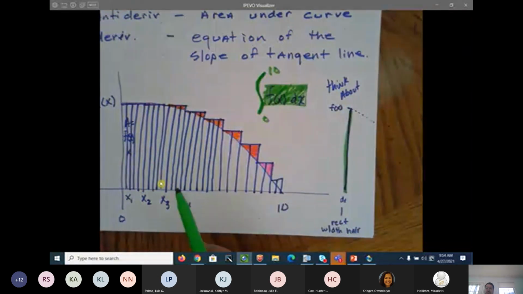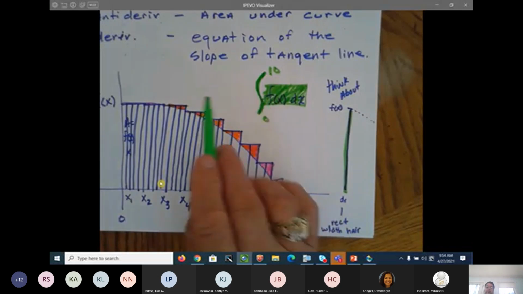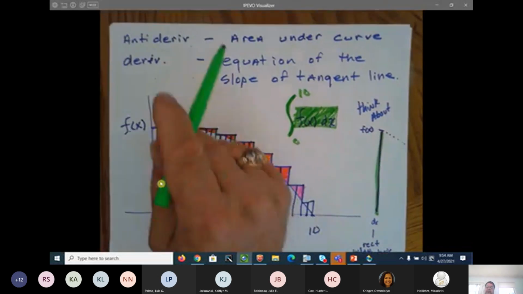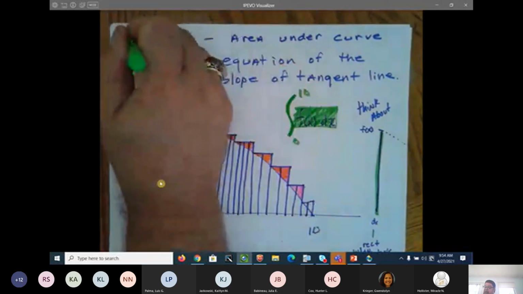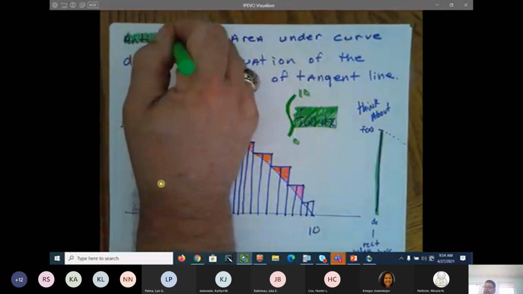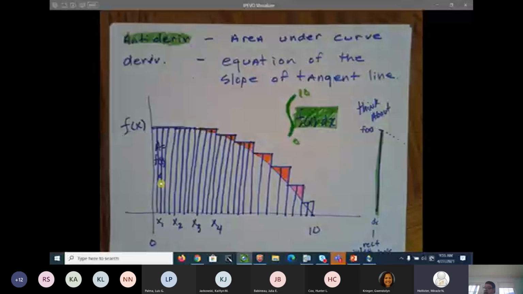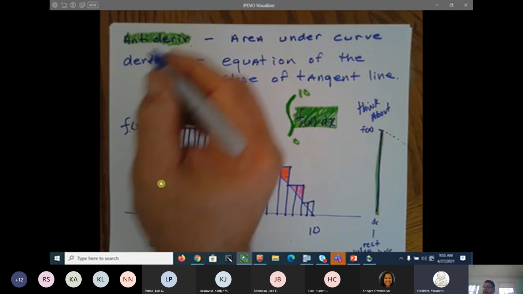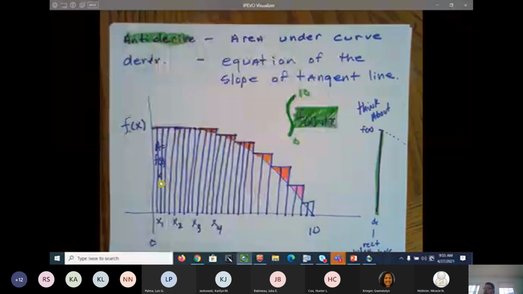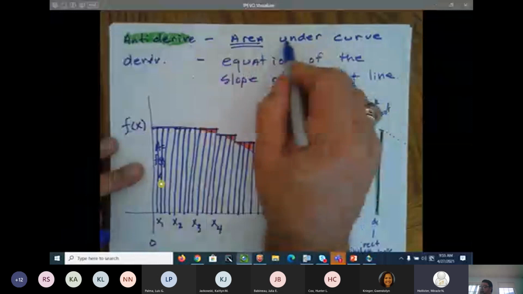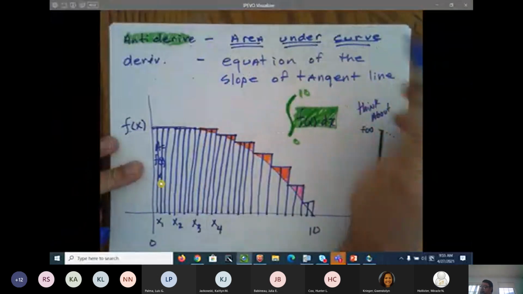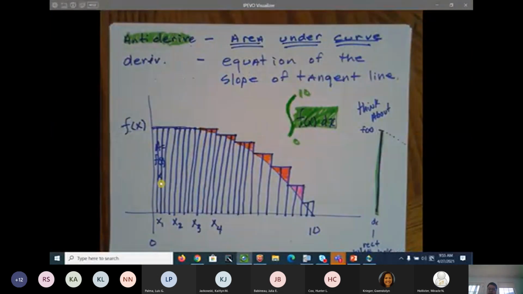Okay? So, the purpose for the antiderivative is to find the area under what? Under the curve. Area under the curve using the algebra that you learned back in pre-algebra. And there we go.